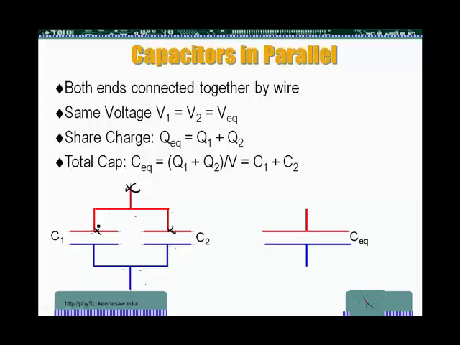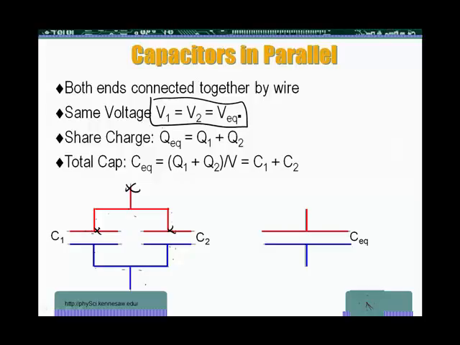Which means in this case that the voltage across capacitor C1, that's the red electrical potential minus the blue electrical potential, is the same as the voltage across C2, which is the red electrical potential minus the blue electrical potential. So both capacitors are subject to the same voltage, whether we call it V1, V2, or the equivalent voltage.